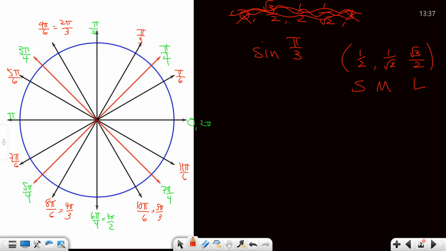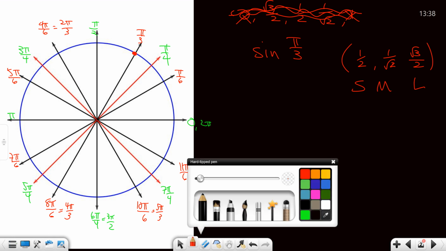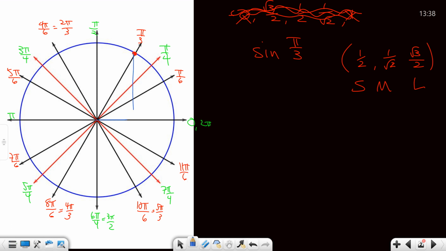Get rid of that so we don't get confused. I use that to solve the problem, which is a variation of what you talked about, Dimitri, with the triangle problem. So if I'm solving for the sine of pi over 3, I'm coming to that point. And to get to that point from the origin, I'm going to change colors here. I'm going to go over and up.